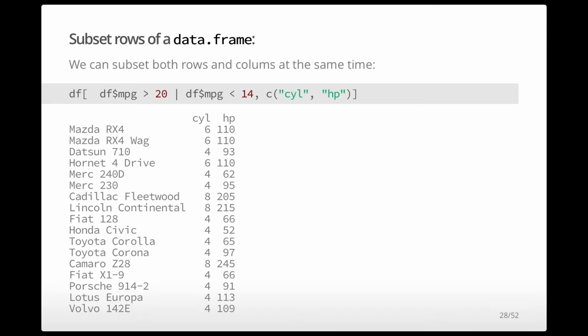It's called percent in percent, where you give something on the left-hand side, you actually put percent, the word in, percent, and then you give a whole list. And it'll give you true if the thing on the left-hand side is in the list on the right-hand side. We'll get to that. So just to be clear, you don't have to do x is equal to 2, or x is equal to 5, or x is equal to 6, over and over and over again. So those who use Stata, if you've ever used the inList function. Right?